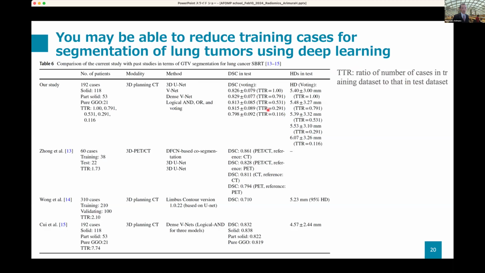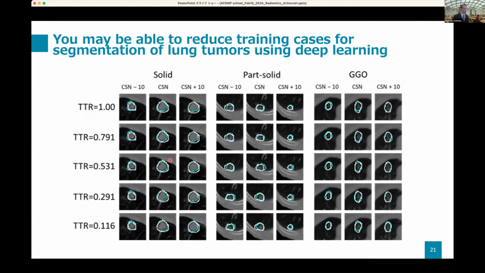We reduce the number of training cases until 0.116. Very few cases, but we have a DSC of around 0.8. This is an amazing result. And we have very nice segmentation results like this. This is a different research from fold analysis, but I'd like to introduce it.